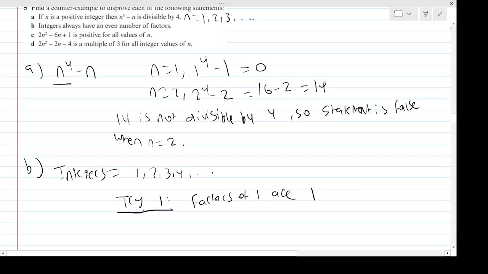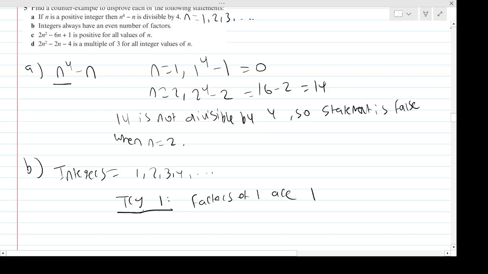By the way, I should say, the factors here mean positive factors. Obviously, you could have plus or minus 1, but it's a bit of a grey area. I'm not going to get too deep into it, especially when you look further into maths. You can look at different types of factors. You can have rational factors, surd factors, complex factors.